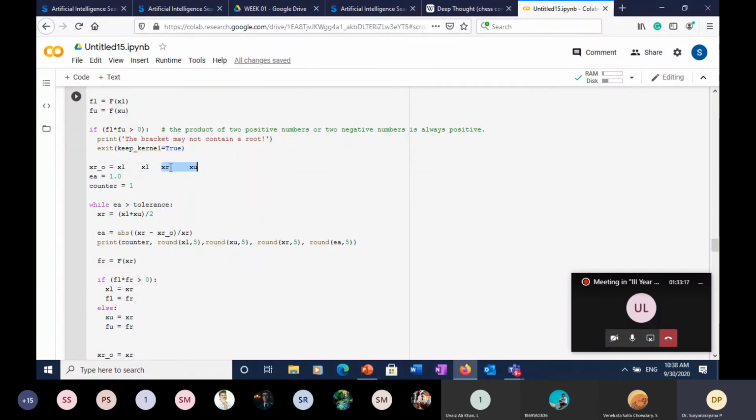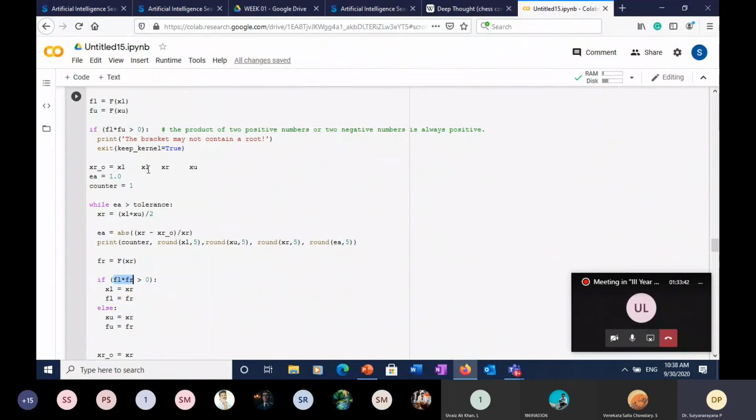You have to compare the signs. Once again, you compare the signs of function values, FL and FR. You found the function value at the root, and you already know the function value at XL because you stored it. You compare the signs at those 2 points. Again, same logic, you compare the product. If the product is positive, that means either both of them are positive or both of them are negative.